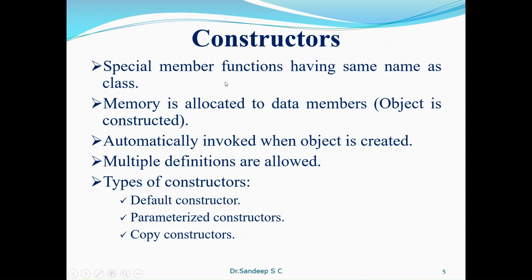Like functions, we can pass arguments to constructors for initializing the members. That is called a parameterized constructor. Default constructors are usually non-parameterized. We have to write explicitly if we want a parameterized constructor.